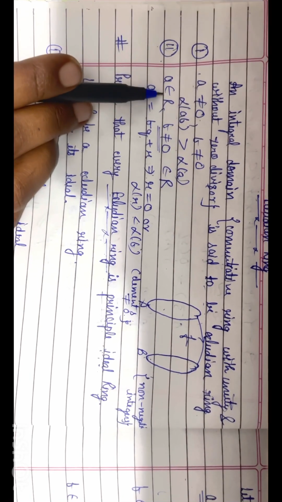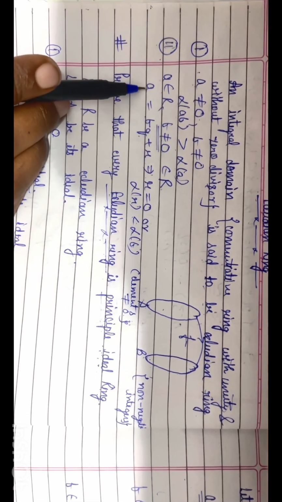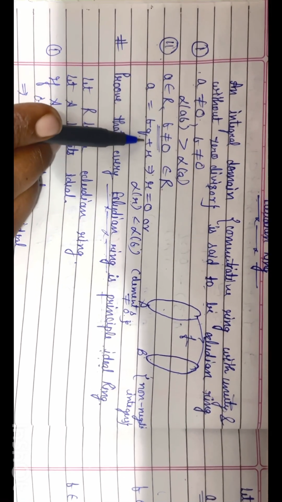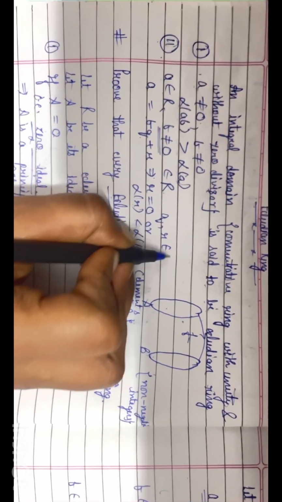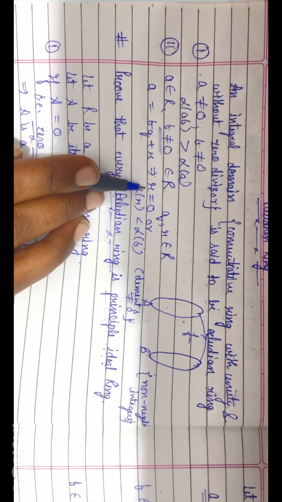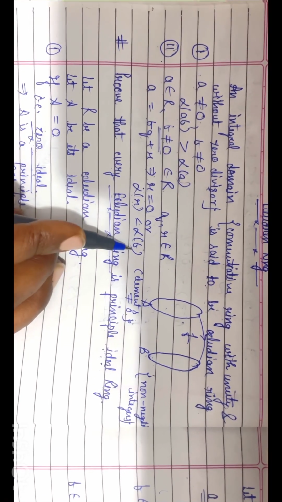Second condition: A belongs to R, B does not equal 0 belonging to R. Then A is equal to BQ plus R can be written where Q and R belong to R. Then either R will be 0 or alpha of R is less than alpha of B.